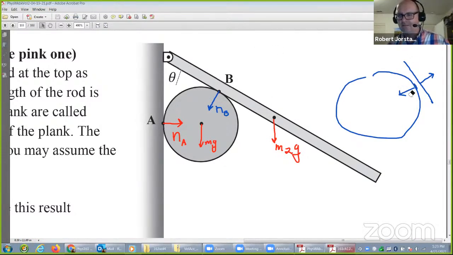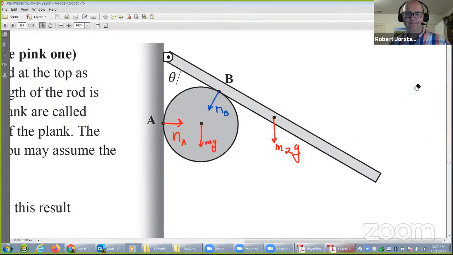Okay. Is there anything else? What holds the ball up? Friction? From the wall or the plank or both? What's your gut tell you? Both. Okay, so which way is friction at point A? Would it be pointing up? Yep.